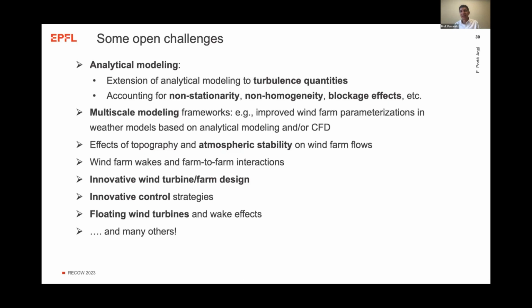So I just point out some of them. For example, from the analytical modeling side, there is a lot of work to be done.